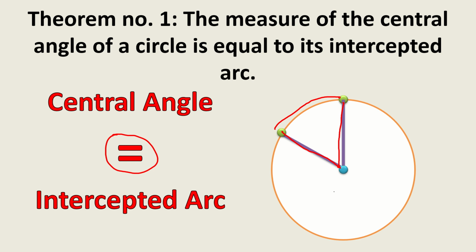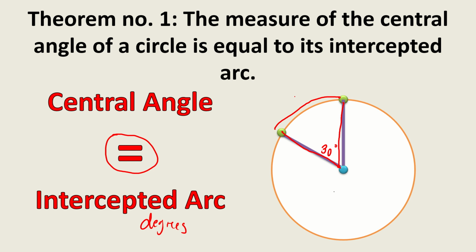And arcs are also measured in what? These are also measured in degrees. So, according to theorem number 1, kung ano daw ang measure ng central angle, parehas lang ng arc na na-intercept niya. So, if this angle measures 30 degrees, ano ang measure ng arc na katapat niya?